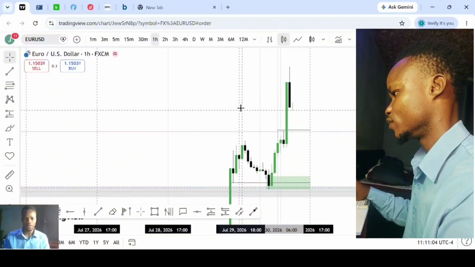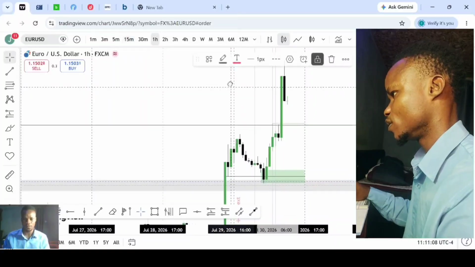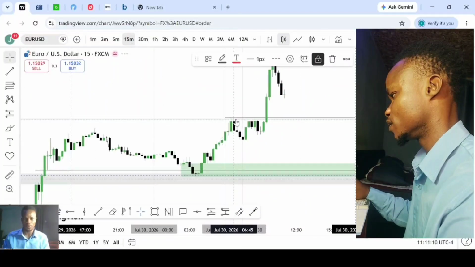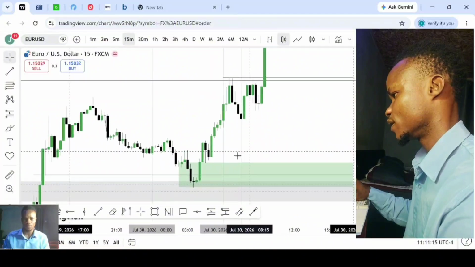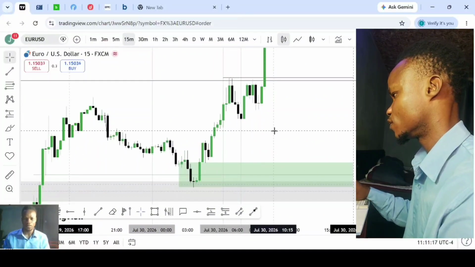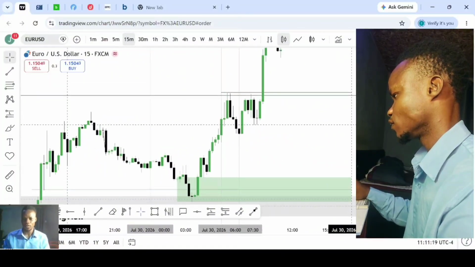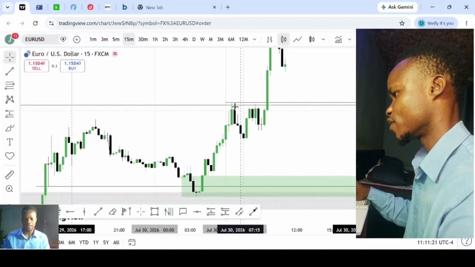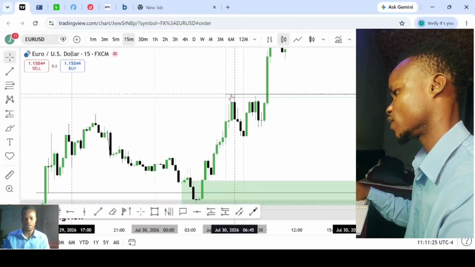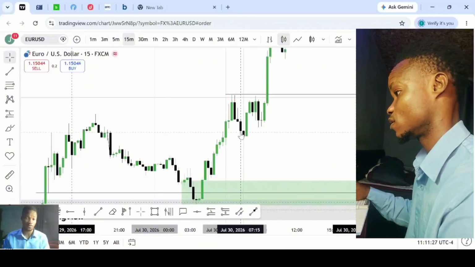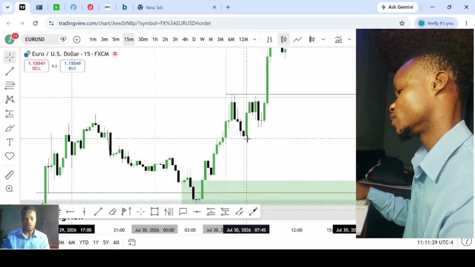I'm just checking again so that I can merge this video. This is the entry that I was expecting this morning. I was expecting a retracement to this area to enter this market, but what happened was that price hit my target first. Then after hitting my target, we had just this little retracement.